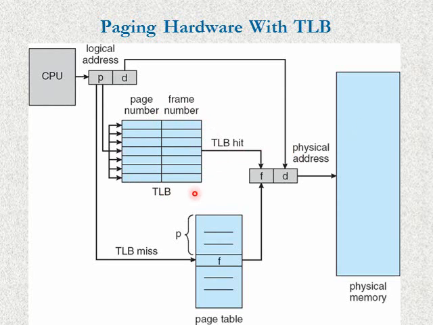However, in the presence of this TLB, if the access time is 1 second, then this translation can be done in 1 second, and then the actual fetching of the instruction can again happen in 10 seconds, and then we will get 11 seconds total access time to fetch a particular instruction from the main memory.